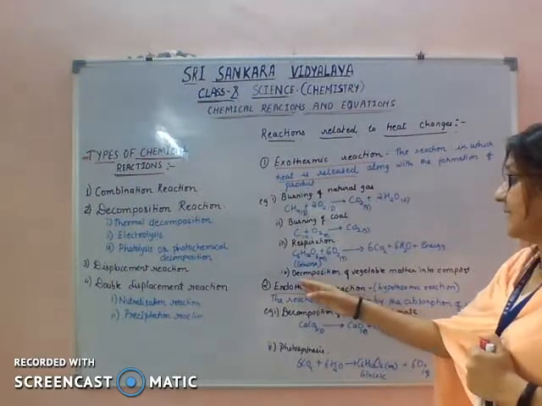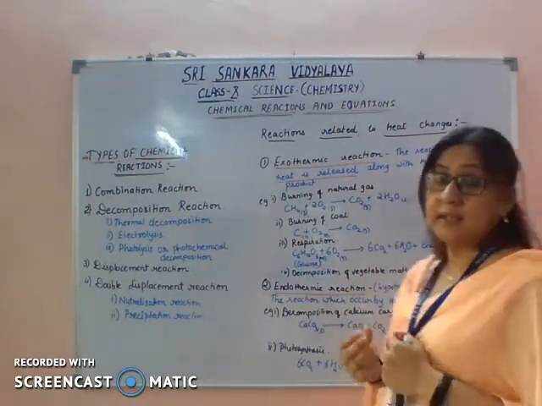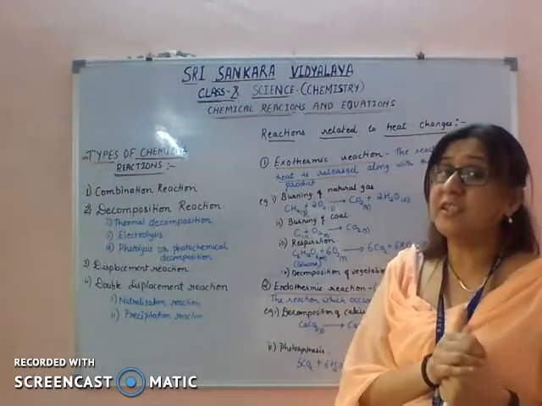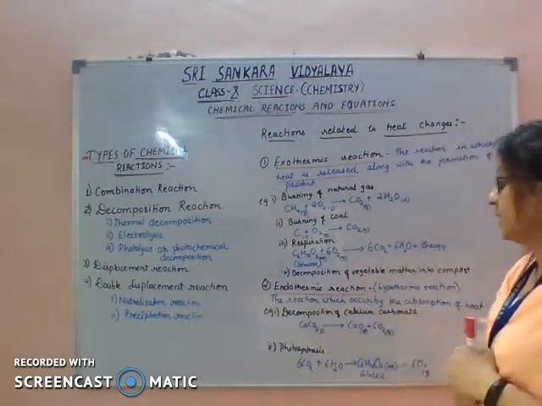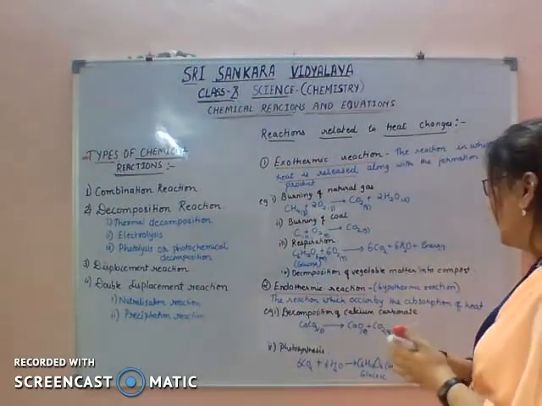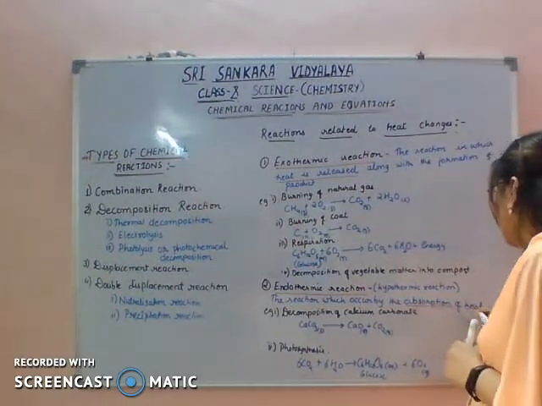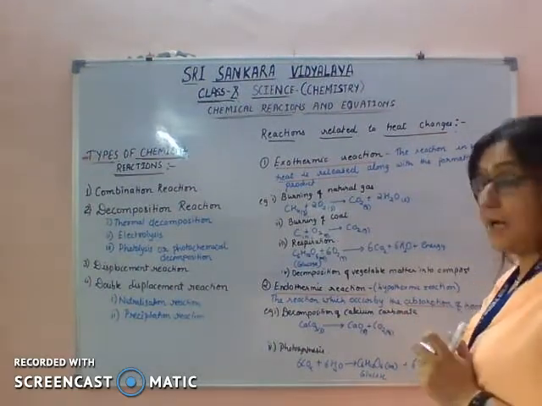The next example is decomposition of vegetable matter into compost. During the decomposition of vegetable matter, a small amount of heat is released, so it is also an exothermic process. Next, the endothermic reaction: the reaction in which heat is absorbed, or absorption of heat occurs.